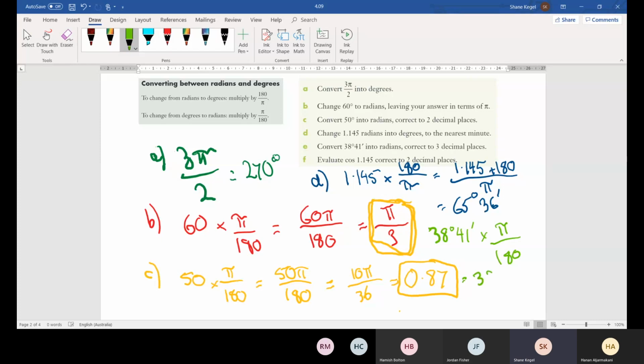When I put it in my calculator, I'm going to put it in just as if I was doing an angle. So 38, press the degrees button, 41, degrees button, multiply by pi, divide by 180. Hang on, let me just check I'm in the right mode.